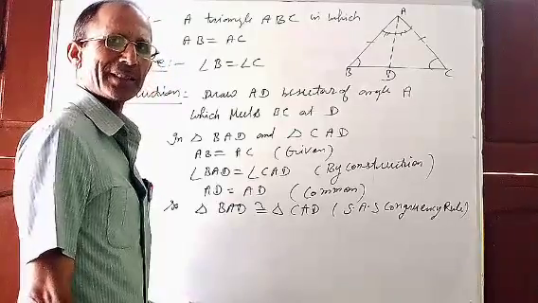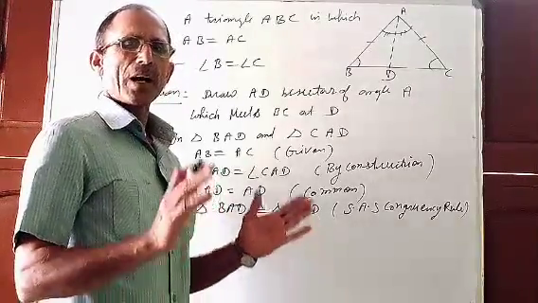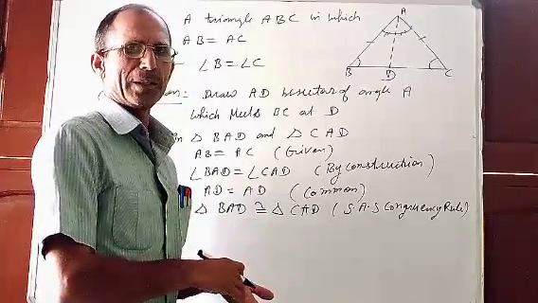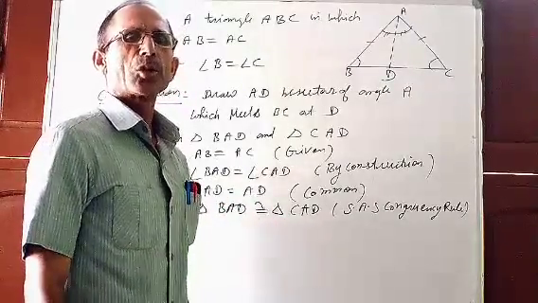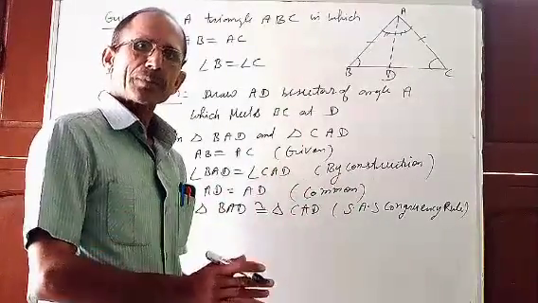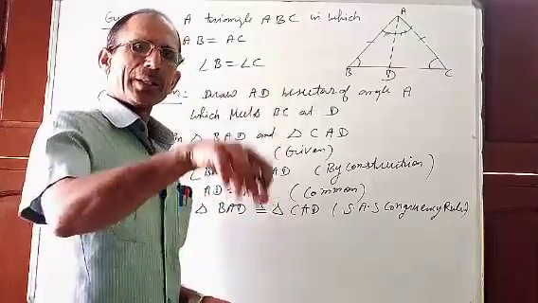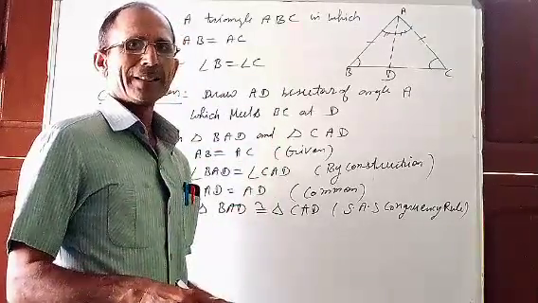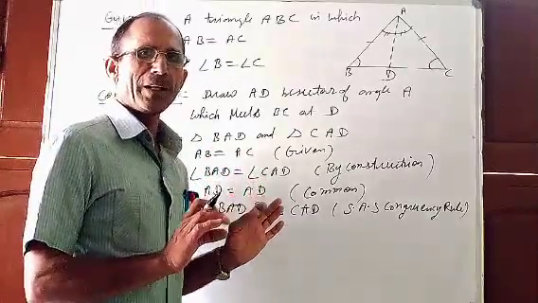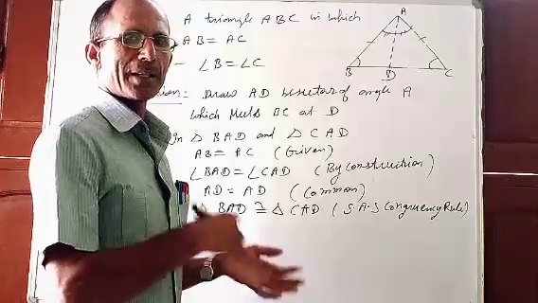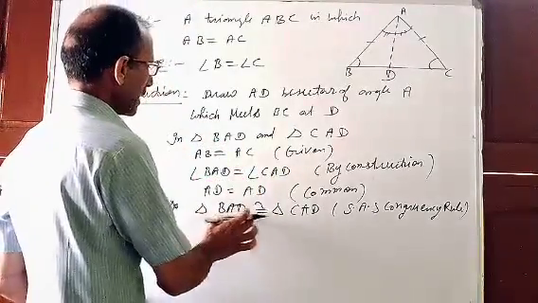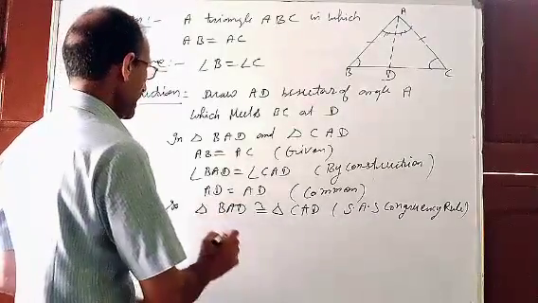Triangles are congruent. Congruent means all the sides and all the angles of one triangle are equal to the corresponding sides and angles of the other. It means if I keep one triangle on the other, it will cover it exactly. Congruent: same shape, same size, and corresponding parts of congruent triangles will be equal. So I proved triangle BAD is congruent to triangle CAD.